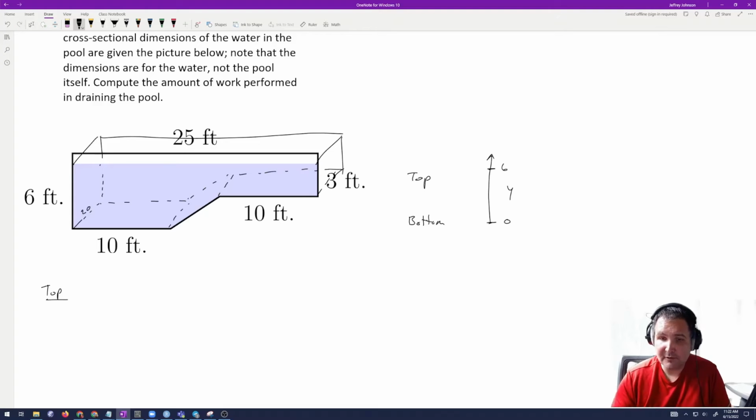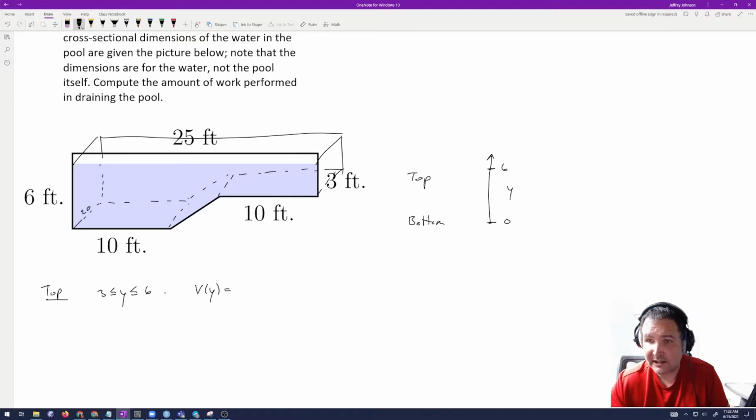So for y's between 3 and 6, that's what it means to be in the top. Right? Y is between 3 feet and 6 feet in the pool. What is the volume of water that we're dealing with? Well, the volume of water at any one point is the cross-sectional area.